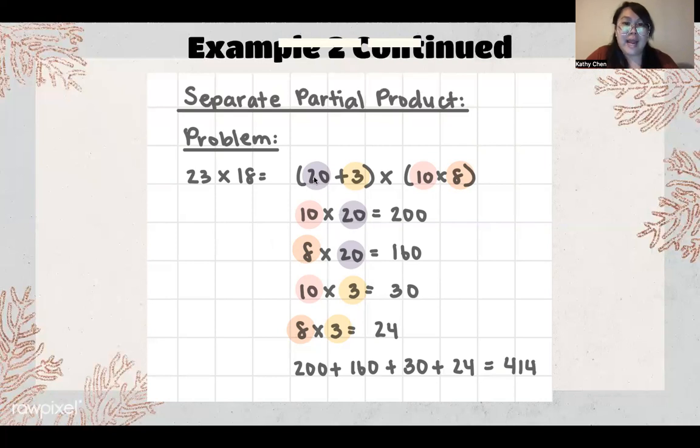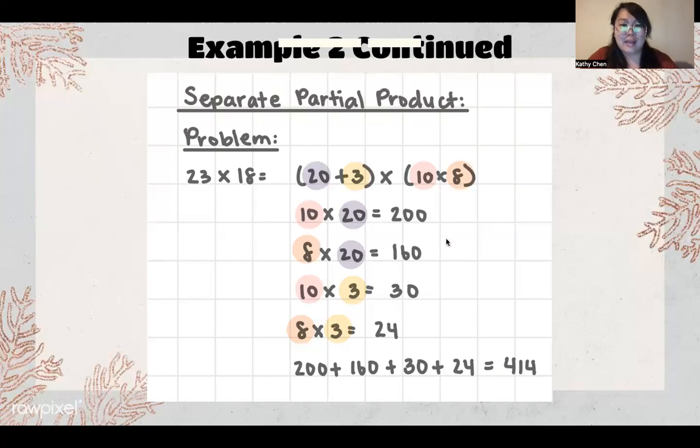For convenience, I highlighted all of the 20 and showed us where we got that from. The 3s and where we got that from. All of the 10, where we got that from. And the 8. So we know these numbers weren't just made up. They were from the original problem.